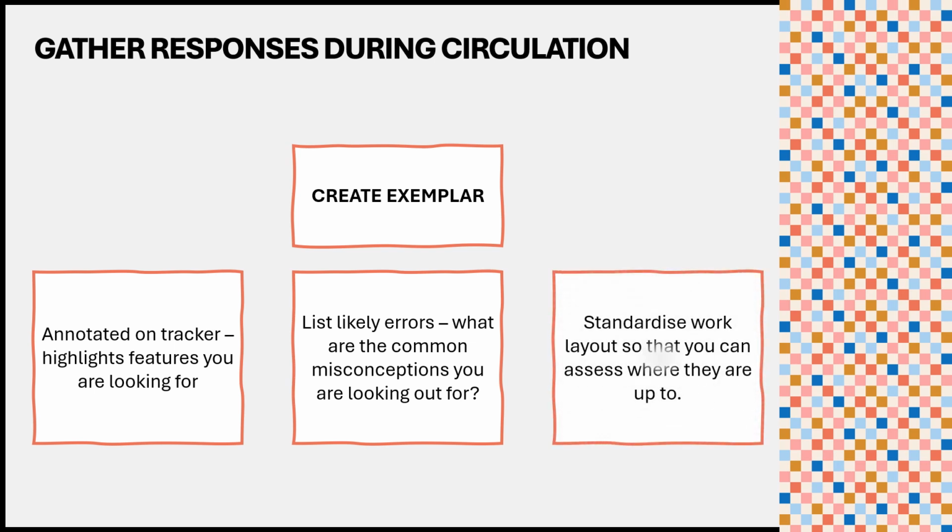With this, it's quite important that we standardize the work layout that all students are going to use. If we insist on all of our students laying out their work in the same way, it makes it more efficient and easier for us to assess where they're up to in terms of the work that they're producing, but also how they're getting on with that work, with a quick glance.